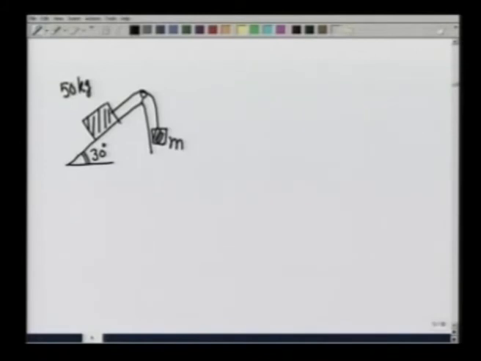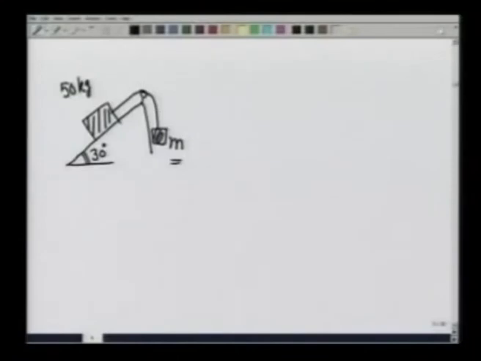I want to know for what range of mass m would this block of 50 kg remain static on the ramp, given that mu s, the coefficient of static friction between the two bodies, is 0.4.